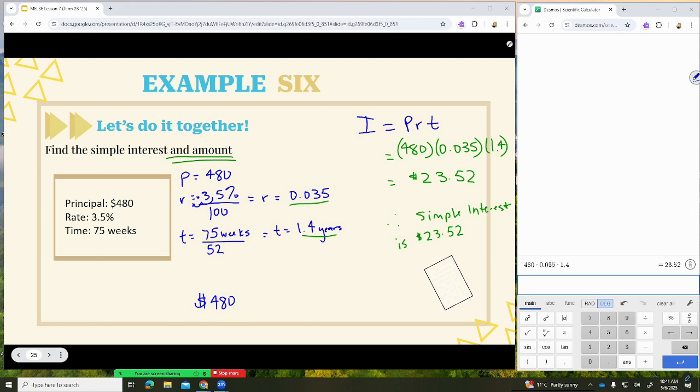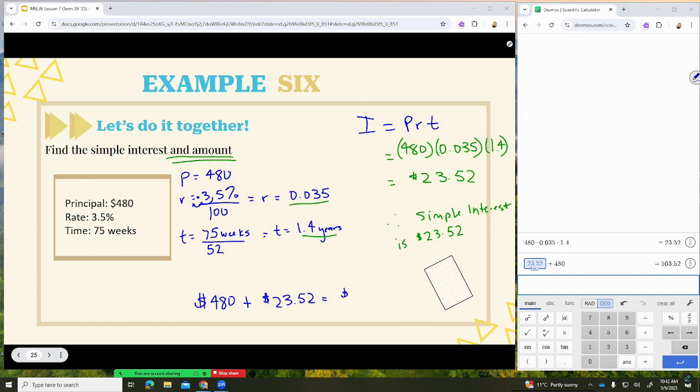If the initial chunk we put in was $480, and we earned $23.52 in interest, we want to know now the total amount. What is our initial chunk plus our interest that accrued, that grew?